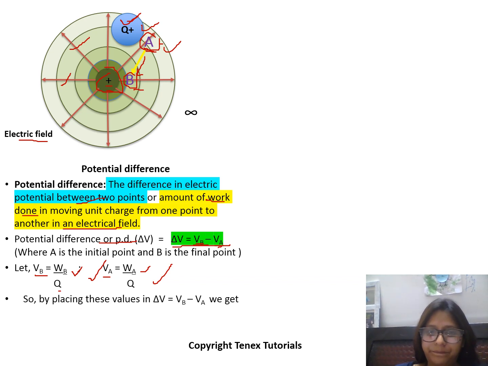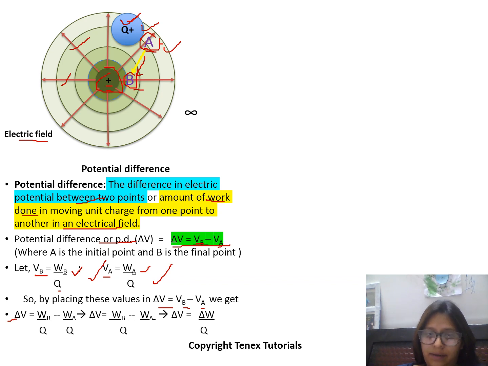So we get delta V is equal to VB minus VA, or delta V is equal to WB divided by Q minus WA divided by Q. So we get delta V is equal to WB minus WA, divided by Q. Can I say that WB minus WA is equal to delta W, or the total work that is being done?